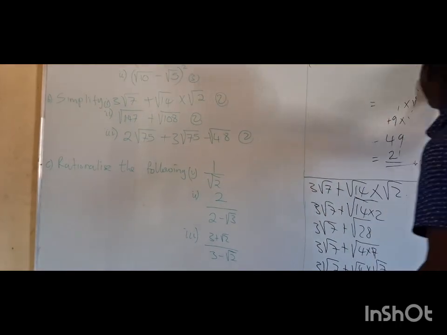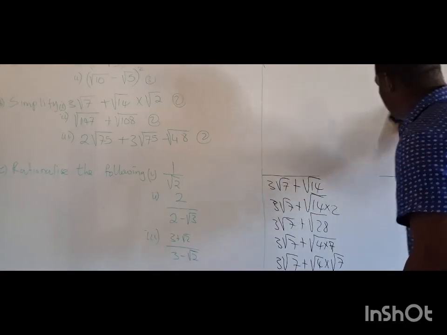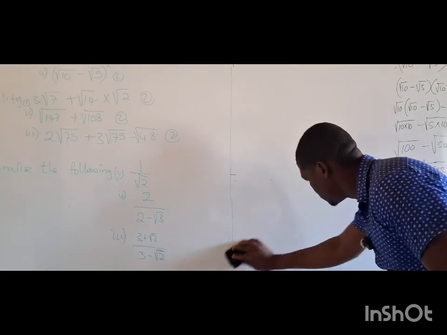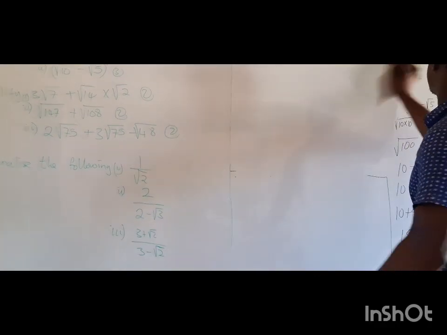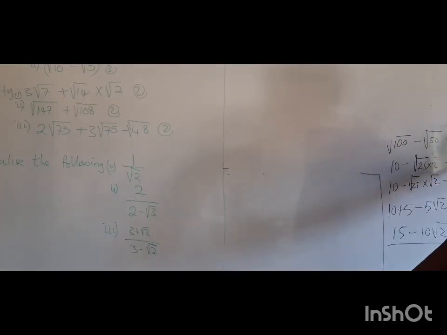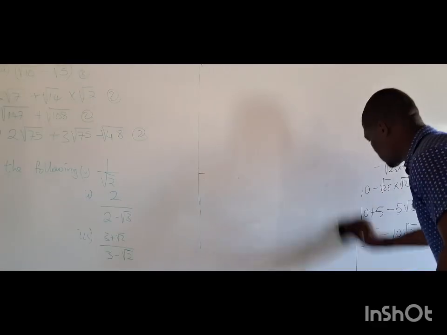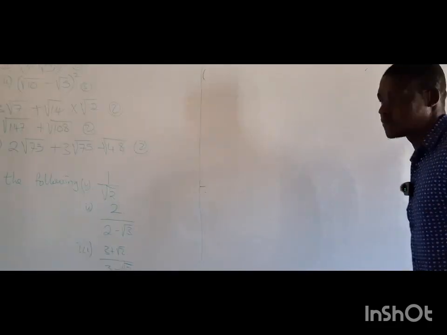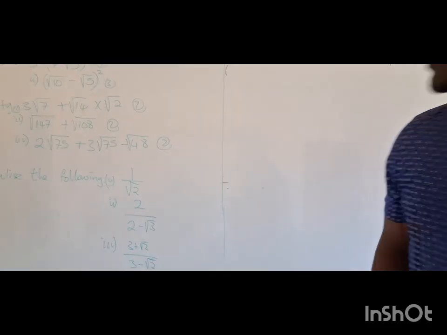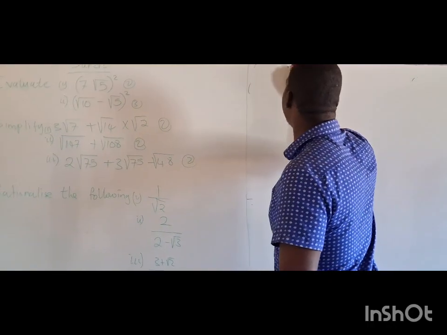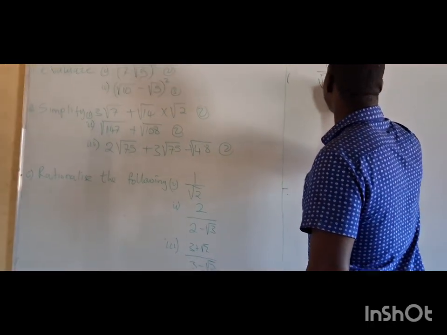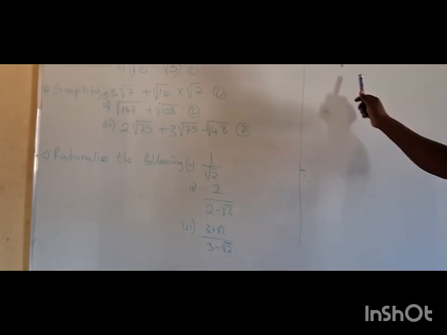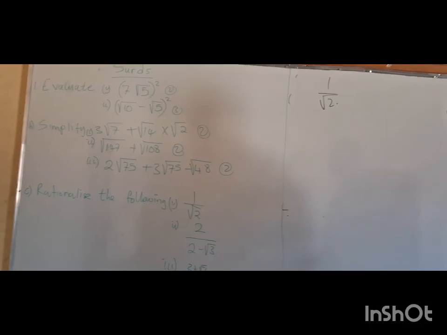Allow me to wrap these ones. Like the question says, rationalize the following. You're saying 1 over root 2. So when the question says rationalize, you want to get rid of the square root.